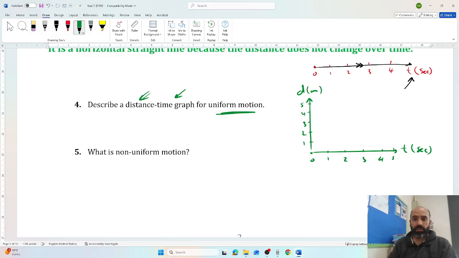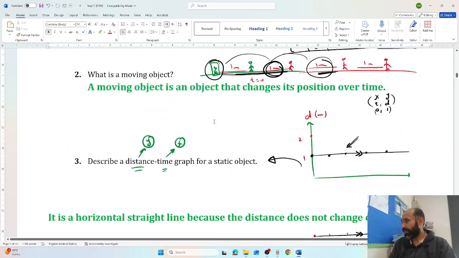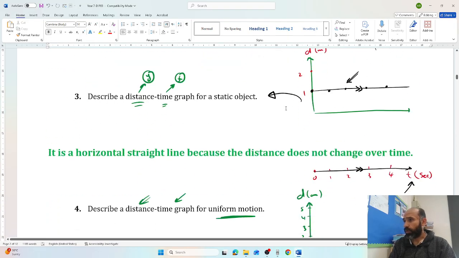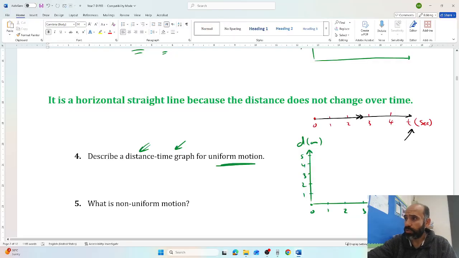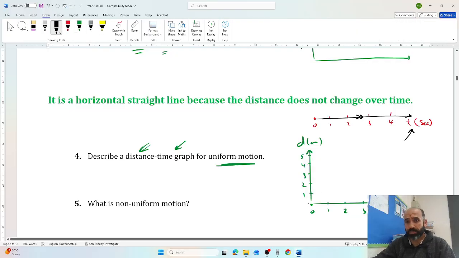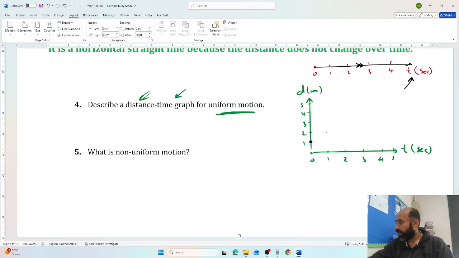We will use the same data. So 0 and 1, this is the first ordered pair, 0 for time, 1 for distance. And the second ordered pair is 1 and 2, then 2 and 3, 3 and 4, and 4 and 5, and so on. Can you see it's represented by a straight line?